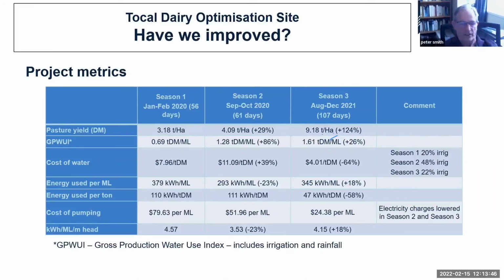I suspect it slightly overstates the picture, but the value of managing your irrigation water well, I think is reflected here. These are the metrics we put in the project for each 3 year, and all of the sites around the country, all 10 of them, are measuring these same metrics. And we want to encourage farmers to maybe have a go at that, measuring a lot of things in the pasture production that we've been through earlier today with fertilisers and growth rates and mixes and a whole lot of things.